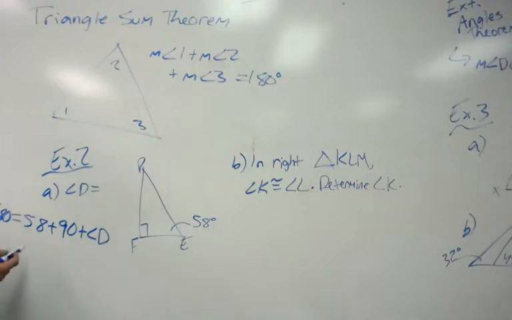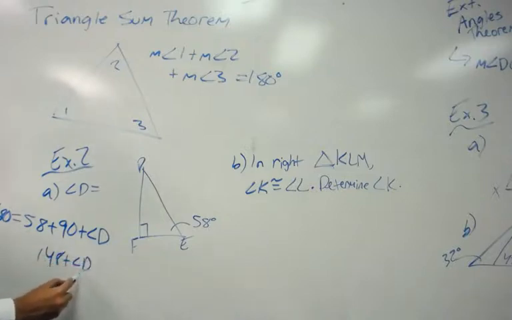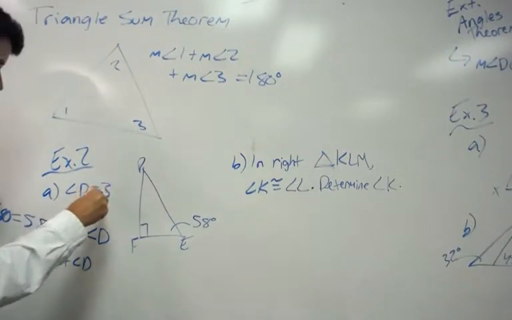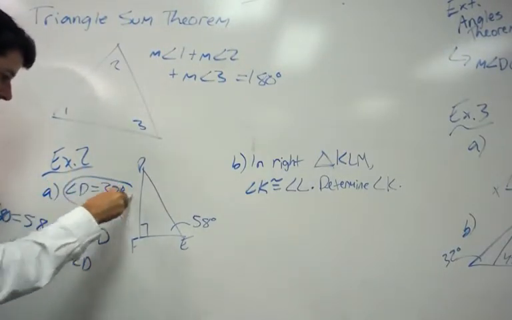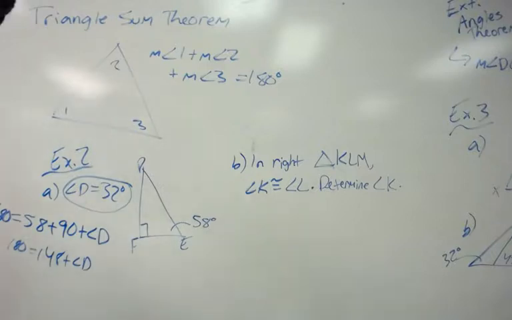So 58 and 90 would be 148, and you would subtract and find that angle D is 32 degrees. But that's just using the triangle sum theorem. That's all that is.